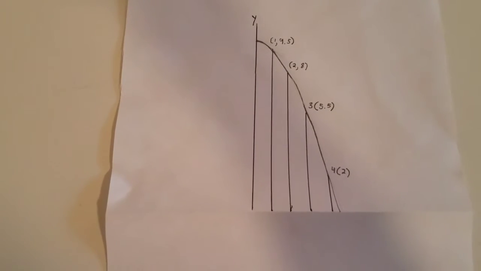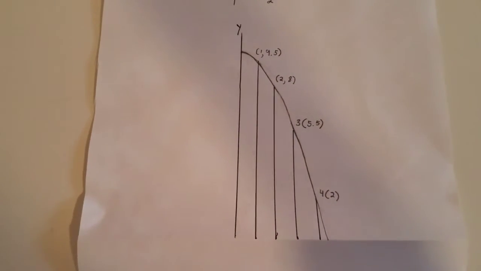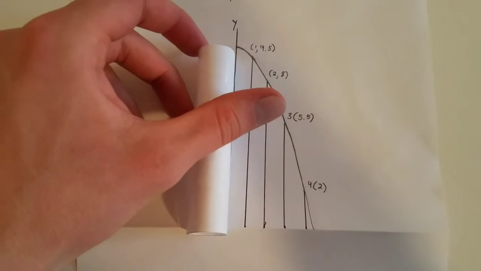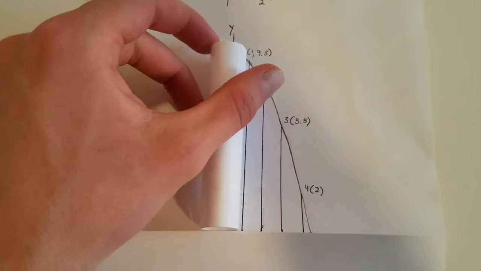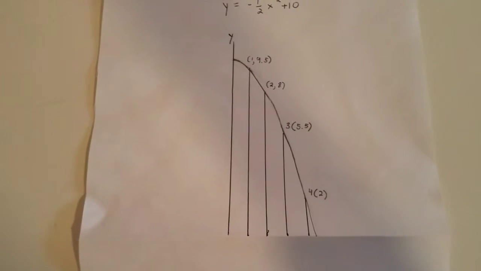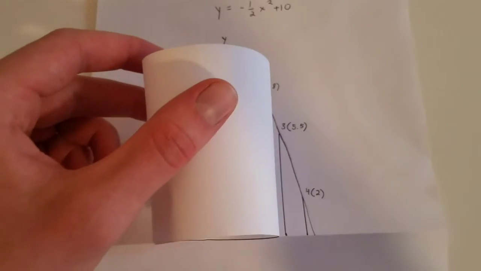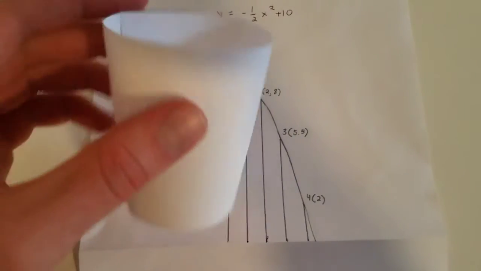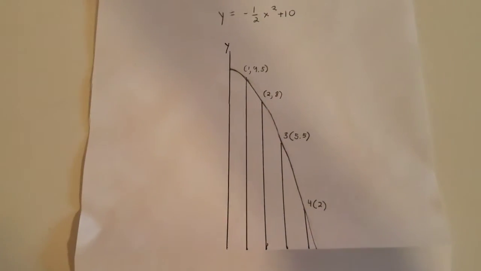This is like the label on a soup can, and we end up with this cylinder. It's that line spun out around the y-axis. Then we go on to the next one. This f of x yields a smaller number, so it's a cylinder that's smaller in height, but it's wider.